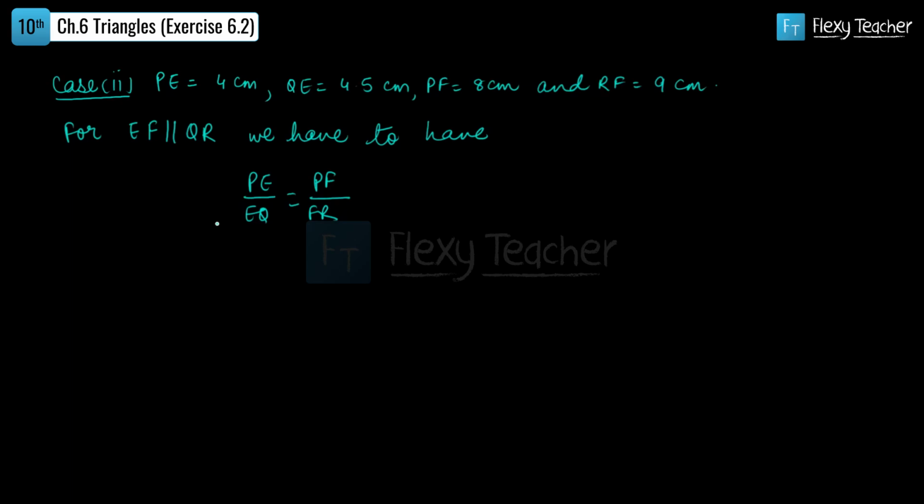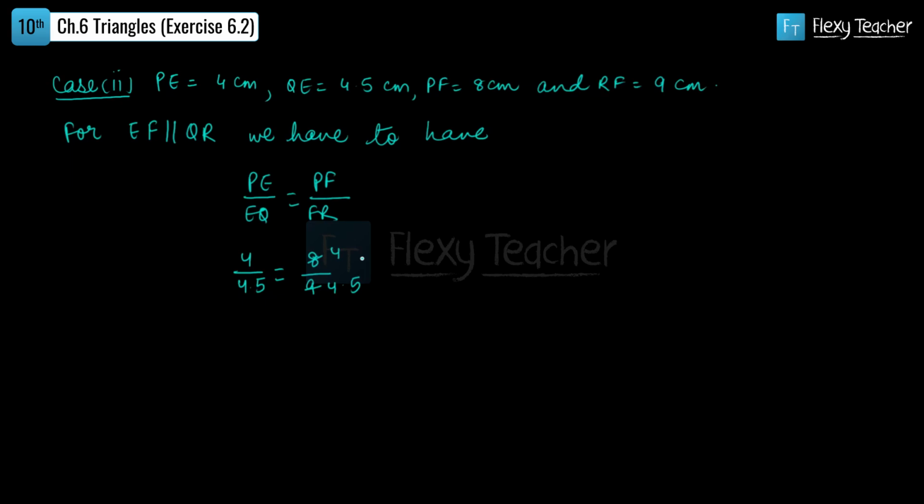PE upon EQ is 4 upon 4.5 and PF upon FR is 8 upon 9. So 4 upon 4.5 will remain as it is, but if we divide 8 upon 9 by 2, in numerator and denominator, we get 4 and 4.5.